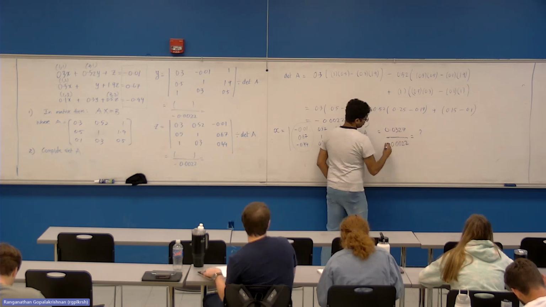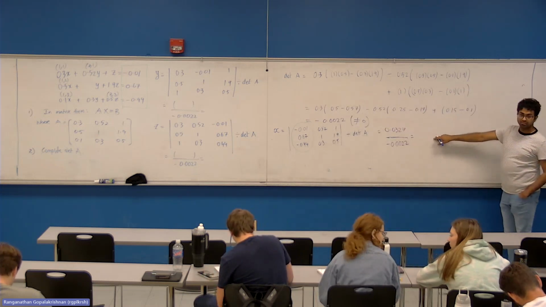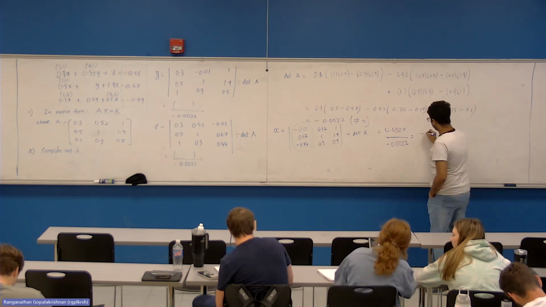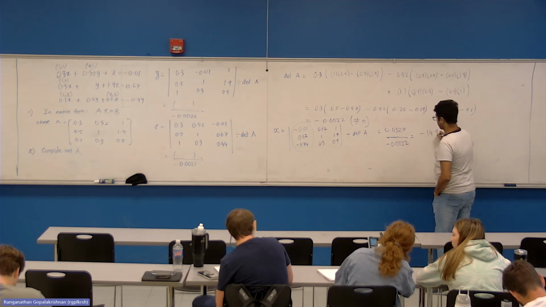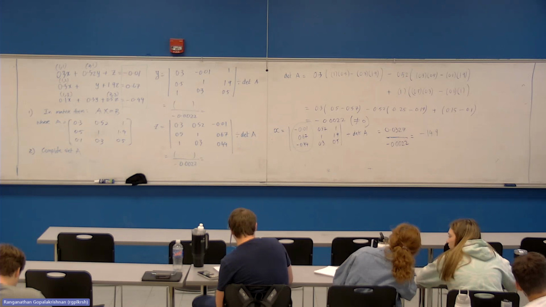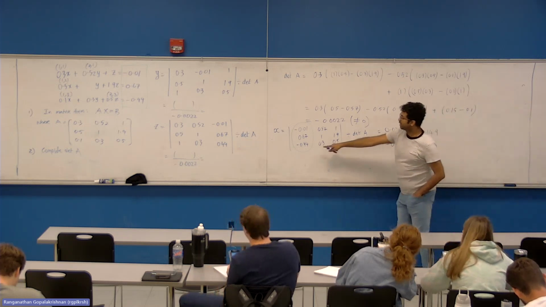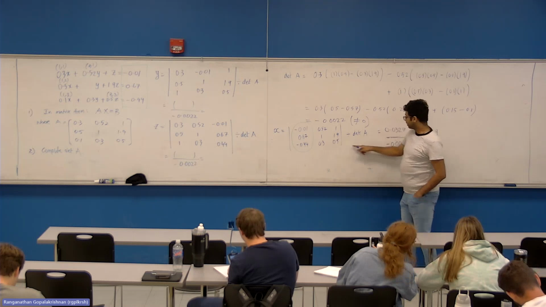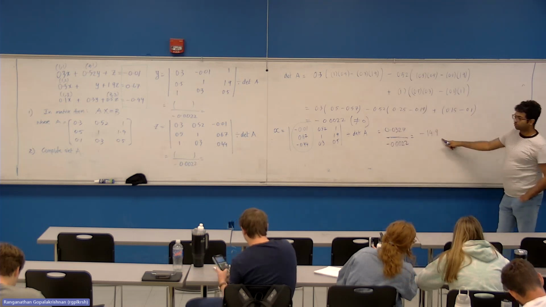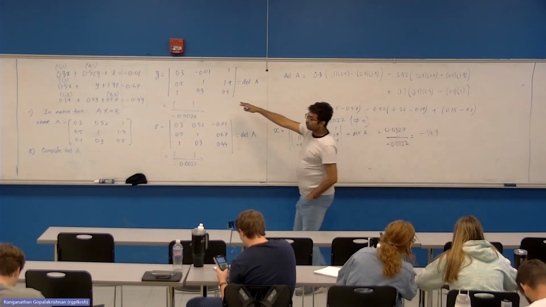And if you do the division, what are you getting for the value of x? Negative 14.9. Right? So that wasn't too complicated, right? It's a matter of computation, punching in the numbers and getting the numerator and then getting the actual value. So please repeat that for y and z as well.